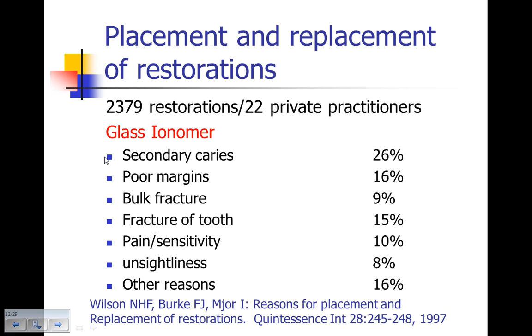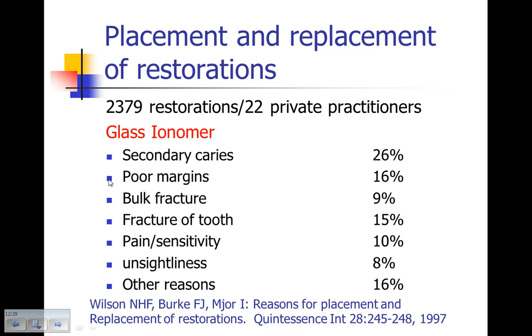You might think, how can you get secondary caries adjacent to a glass ionomer which has fluoride release? The answer is quite simple. It's not that we don't see recurrent decay around glass ionomers, but that it takes longer for the carious lesion to occur. Keep in mind, when we place restorations, most of the time our initial placement is due to initial caries. These are at-risk areas, and so the areas become carious again.